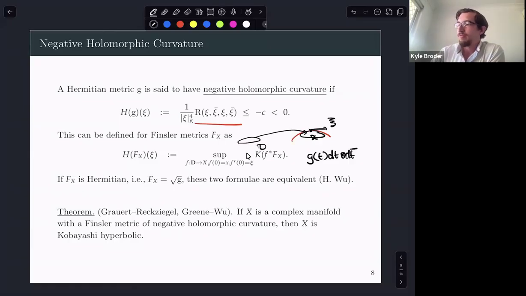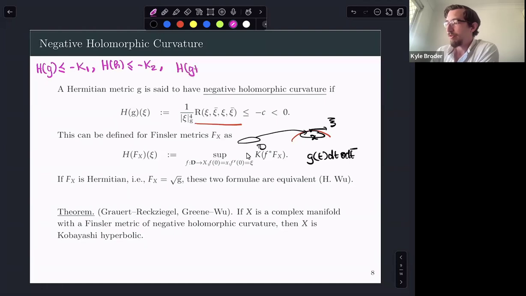So this has a very nice consequence because of the formula for the Gauss curvature. Let's assume, for instance, that G has holomorphic curvature bounded above by minus K1, and the holomorphic curvature of H is bounded above by minus K2.